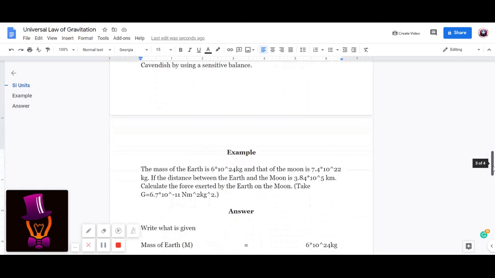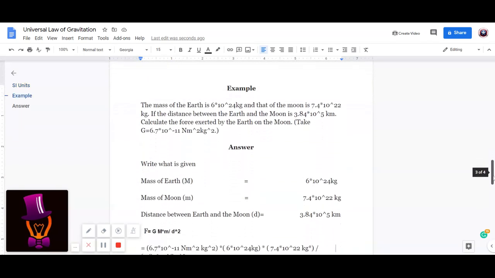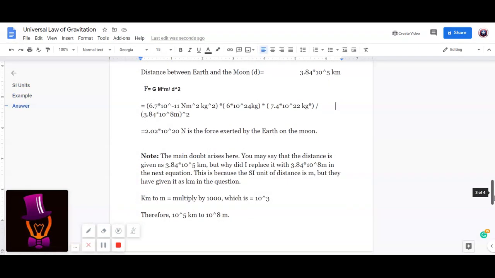So we need to convert anything into the SI unit before solving the numerical. They have given it as kilometer in the question, so we need to convert it into meter. Kilometer into meter, we need to multiply by 1000. 1000 is equal to 10 to the power 3. Therefore, 10 to the power 5 kilometer times 10 to the power 3 will be 10 to the power 8 meters.